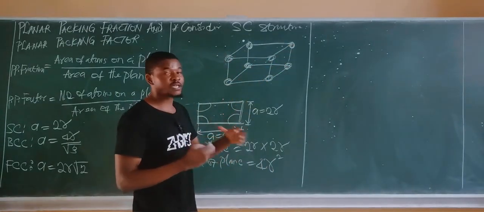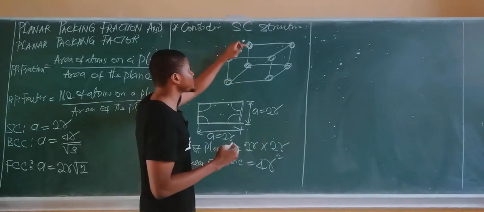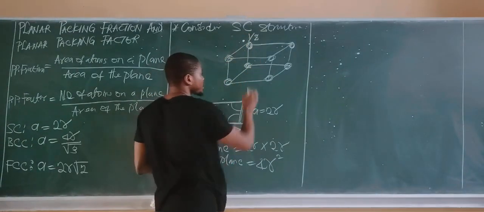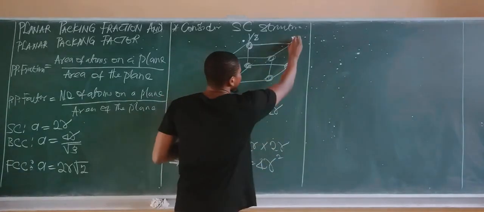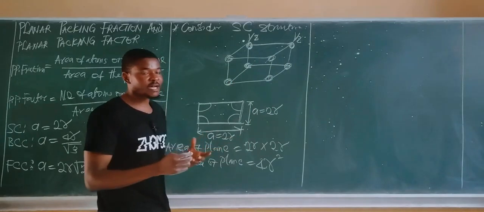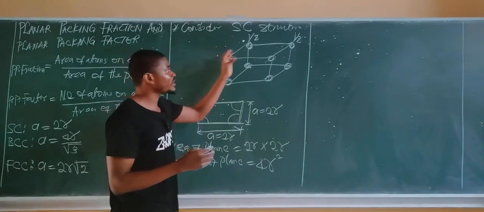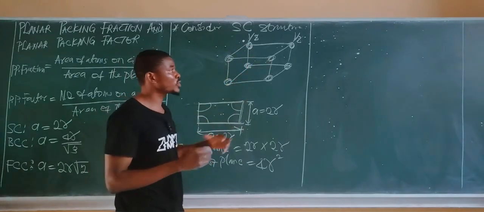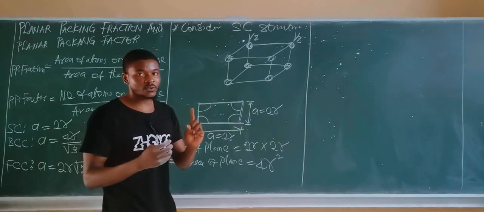So since we have a total of 8 corner atoms, it means that individually this particular corner atom is providing 1/8 of each atom. This is also providing 1/8, and the rest of them are providing 1/8 of their atoms. And in general, since we have 8 corner atoms, multiply that by 1/8, it means that for the simple cubic structure, they all combine to produce 1 atom.